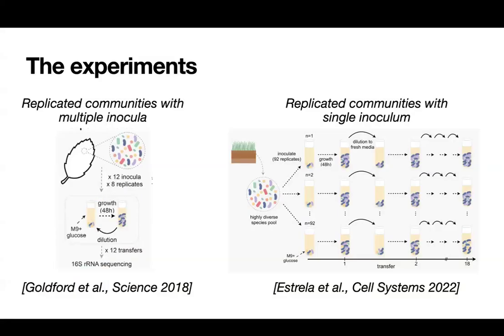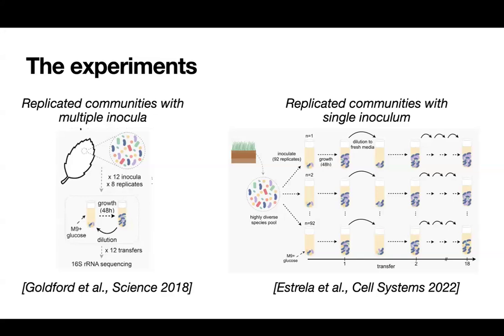So this work is built on these very nice experiments performed in the group of Alvaro Sanchez, where they were basically taking inoculum, so a community from either leaves or soil, so some natural communities, and inoculating these communities in some defined medium, growing them for 48 hours, diluting them, growing them, diluting them.